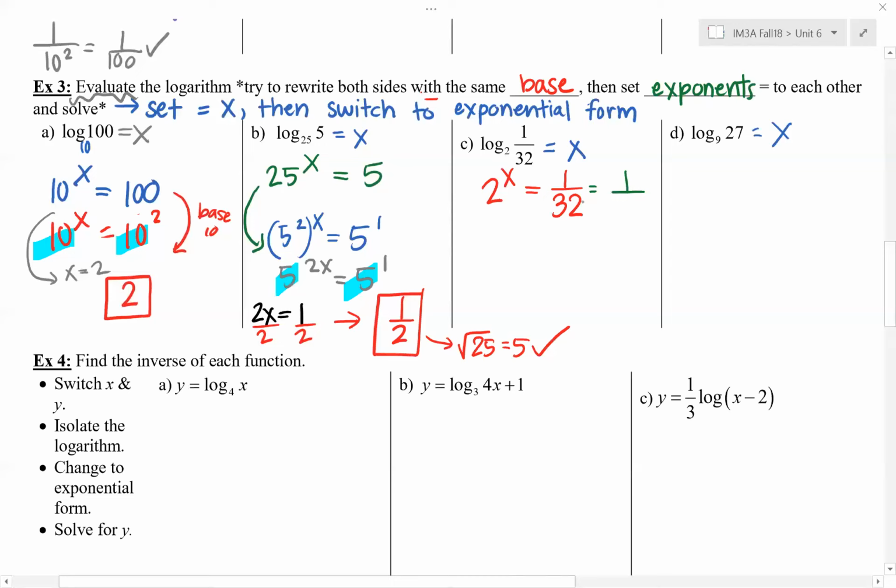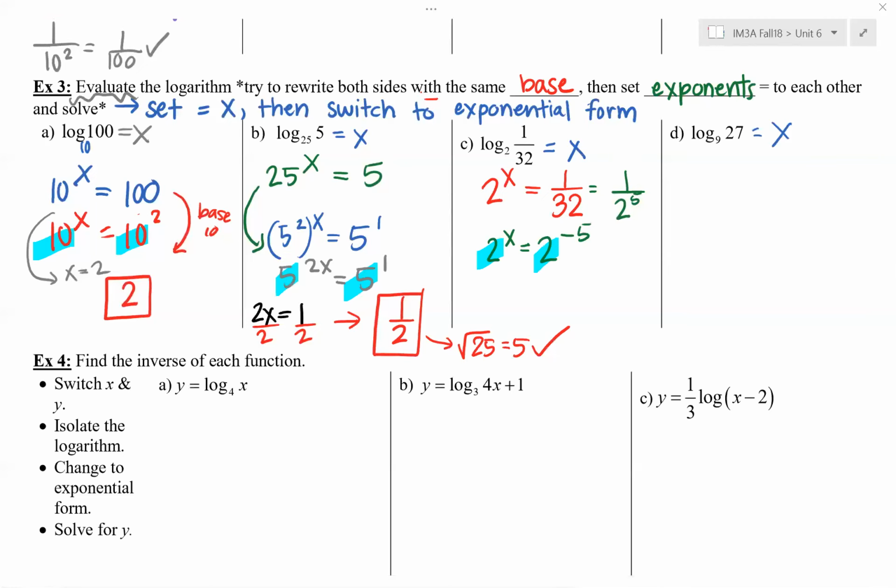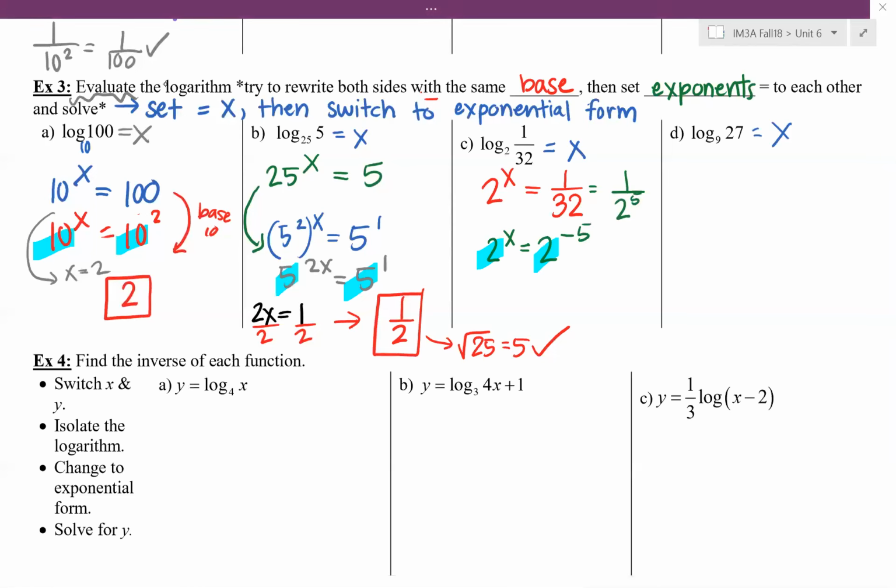And yes, I can write 32 as a power of 2. 32 is 2 to the 5th power. And so if I think about that as 2 to the 5th instead, remember that when it's 1 over that, that really means that I have 2 to the x equals 2 to the negative 5, which means that I can ignore my bases and my answer is negative 5.